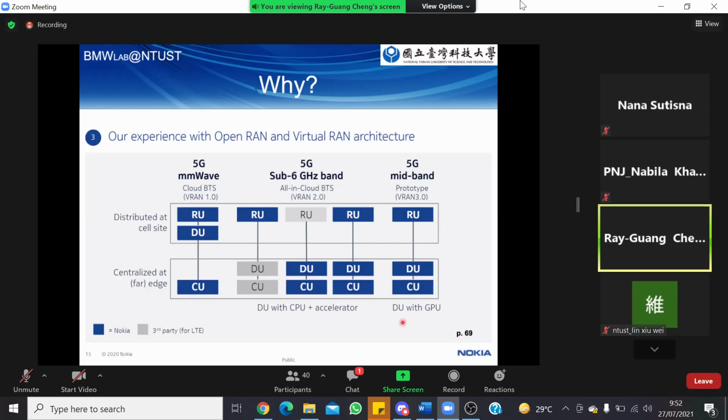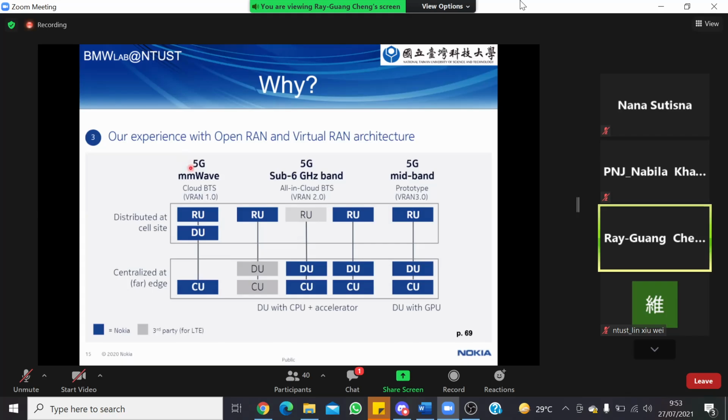So this is an example from Nokia. They show you the different options. For the first version, for millimeter wave, they put the CU. This figure is upside down compared to the previous figure we showed you. They have the CU and they put the DU and RU all together, because as we just mentioned, the fronthaul data rate will be very high, especially when you consider millimeter wave.